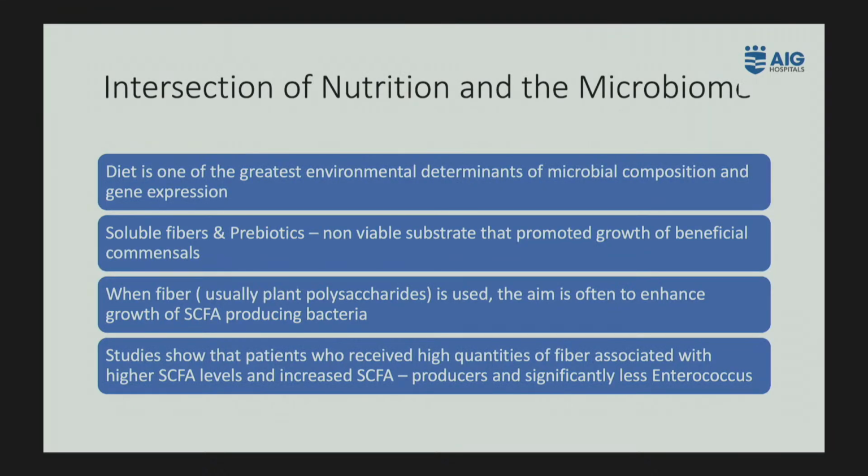So the research that is going on, trying to prove the effect of nutrition on the microbiome, is still in its infancy stage. Nutrition, especially the indigestible carbohydrates, interacts directly with the microbiome and either inhibits or helps the growth of the microbiome. So diet is one of the greatest environmental determinants of microbial composition and gene expression.